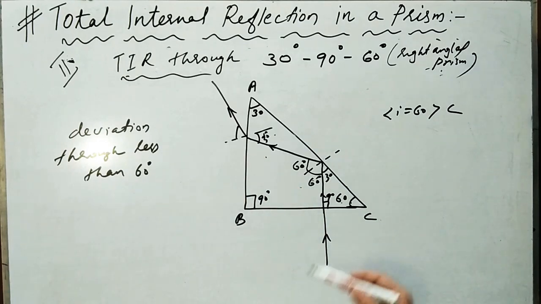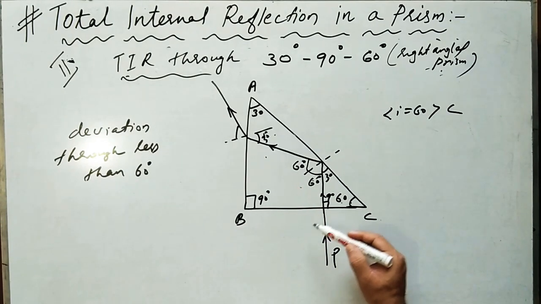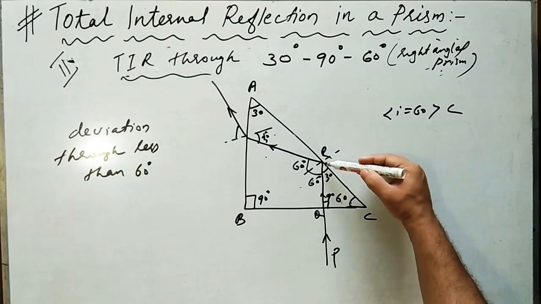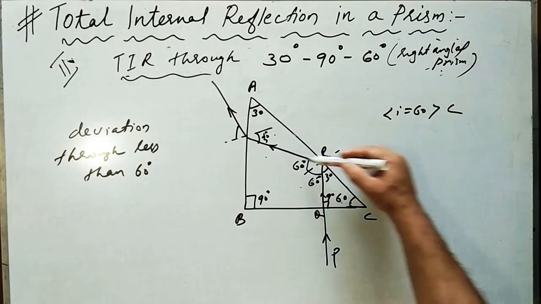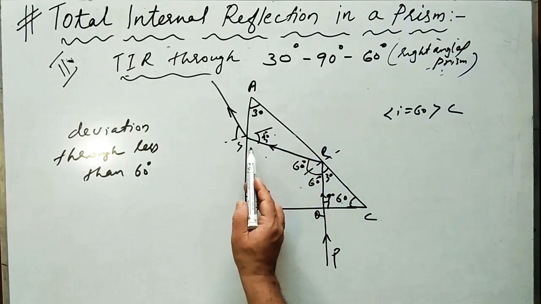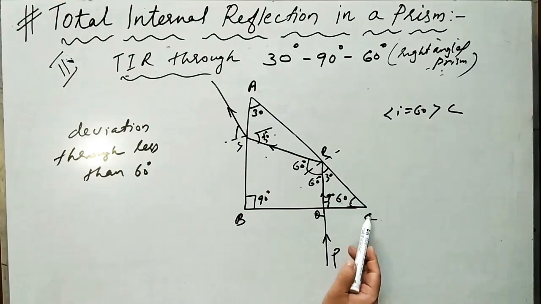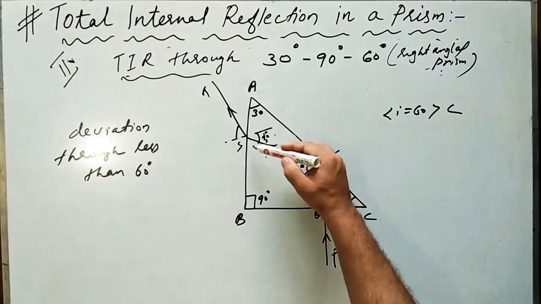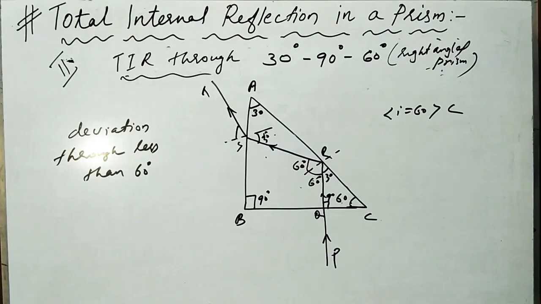rarer medium. And you can see that P, Q, R. PQ is the incident ray, QR is the refracted ray, RS is the ray suffering total internal reflection at the surface AC and striking the surface AB. RST, ST is the emergent ray.